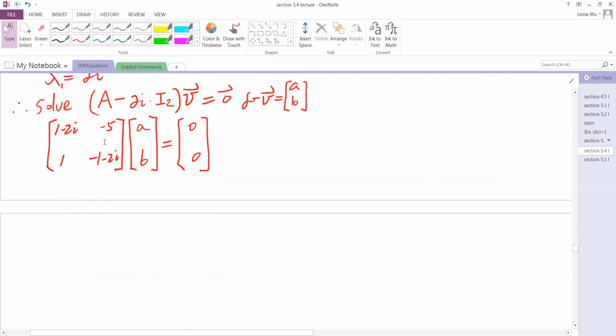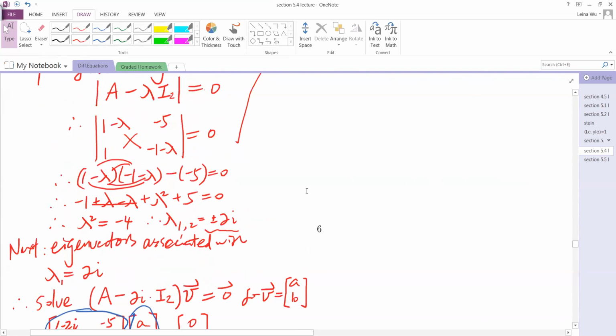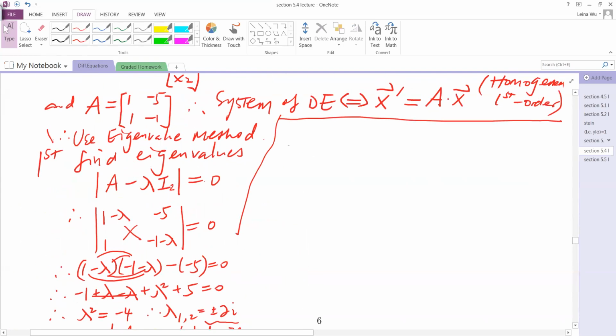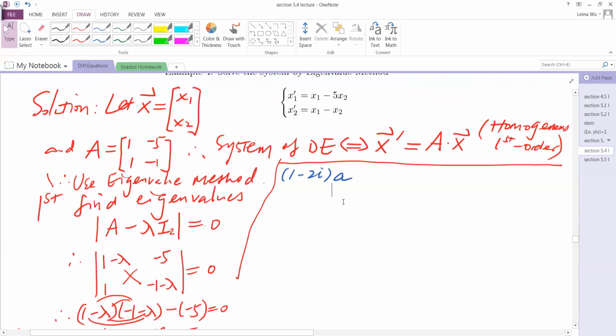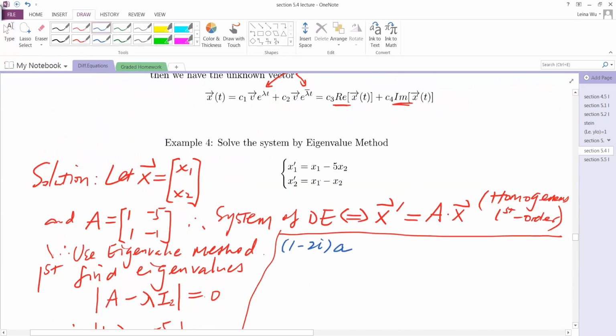All right, so we're going to multiply this out, right? Multiply this matrix with this vector. So we have 1 minus 2i times a, and then minus 5b equals 0.